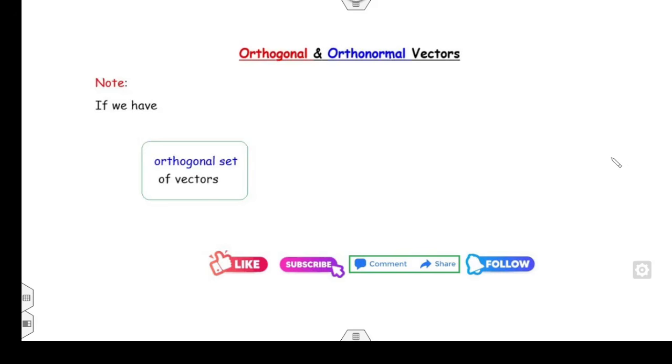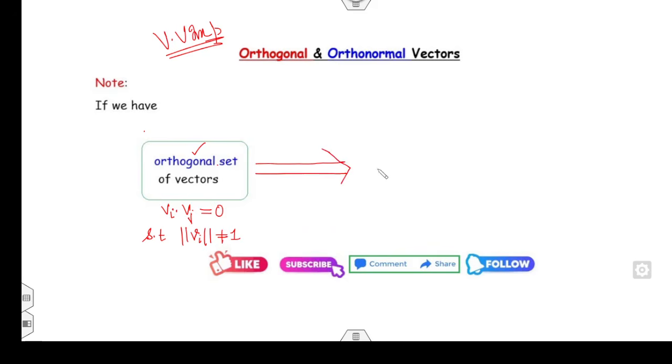Now, a very important point for all of you. Whenever you have an orthogonal set, where orthogonal means vi dot vj is 0, such that the norm of vi is not equal to 1, that means they are not orthonormal, then you can convert this orthogonal set into an orthonormal set very easily.